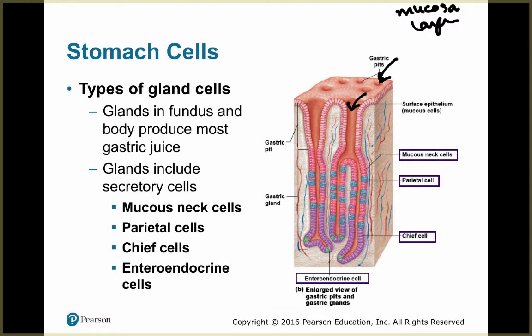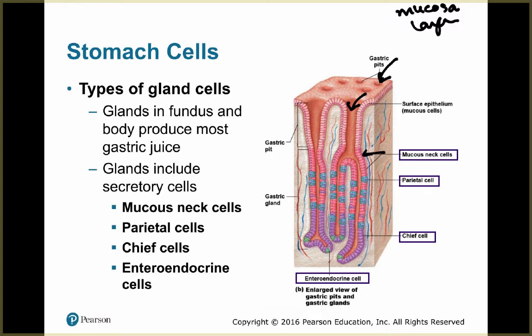And that layer, like I said, is a little modified. It consists of this layer that's composed entirely of these mucus cells. And so you can see all of these mucus cells that are there.